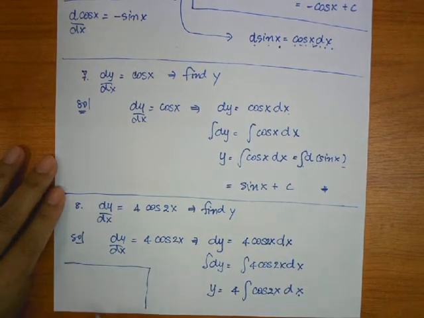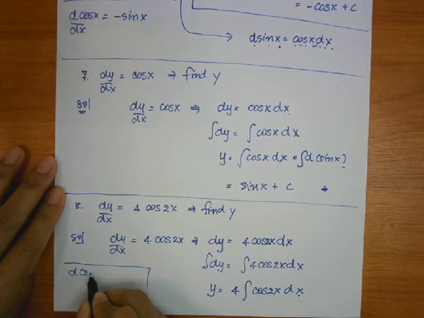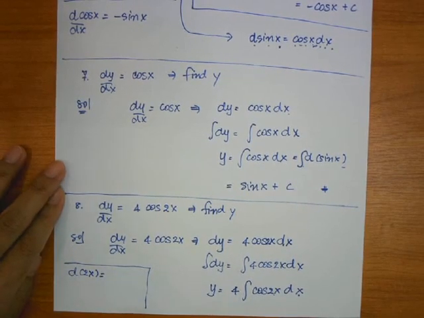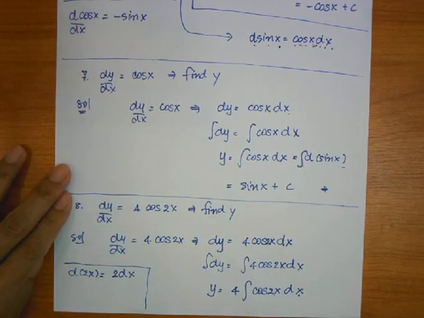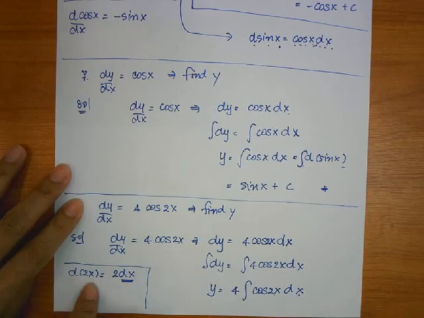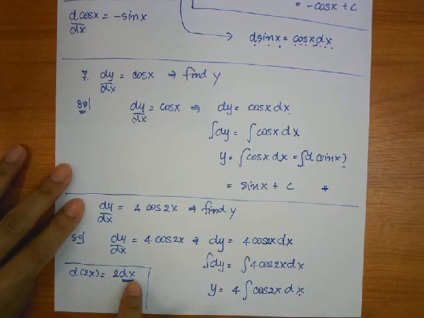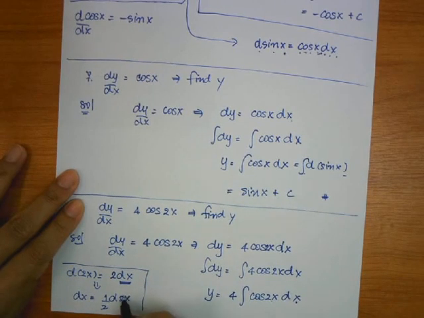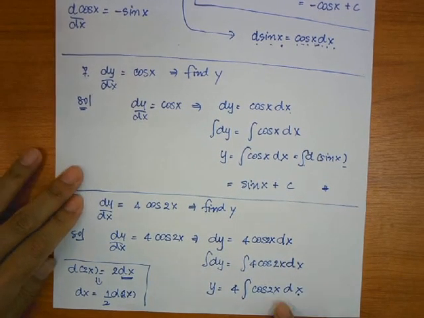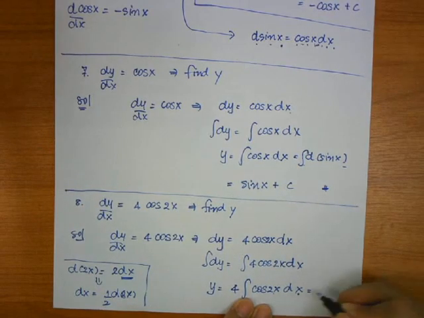Remark here. d2x equal to 2dx. Now you want to write dx as d2x. From this equation you would get dx is equal to 1 over 2 d2x. And then you just put it there, you would get 4 integral cos 2x.